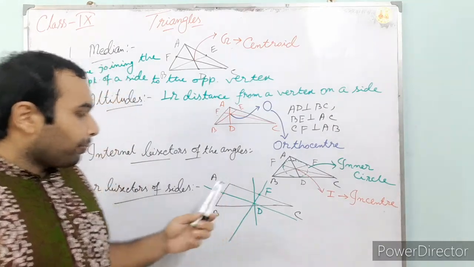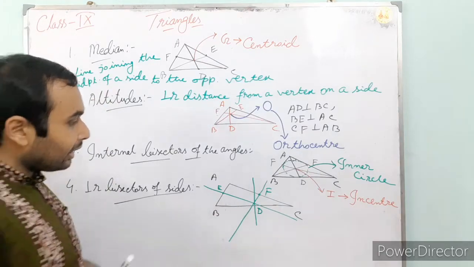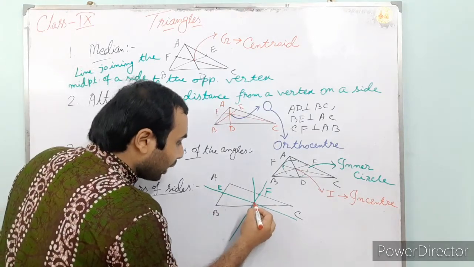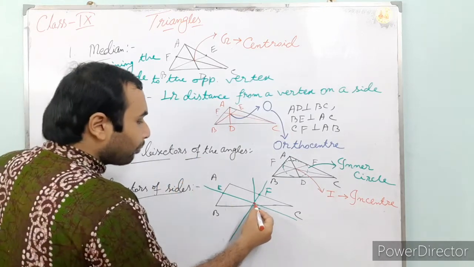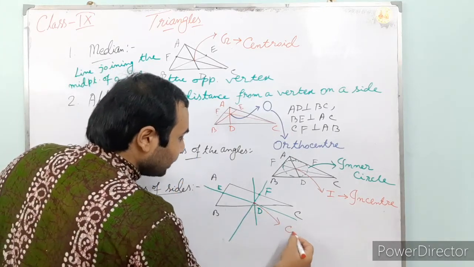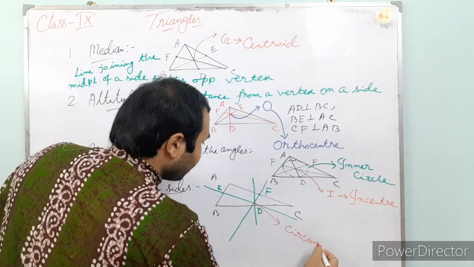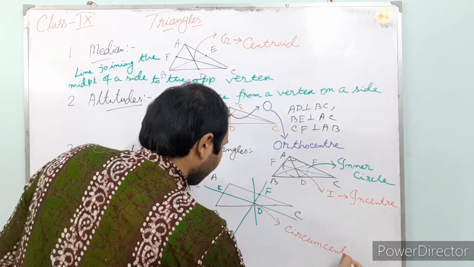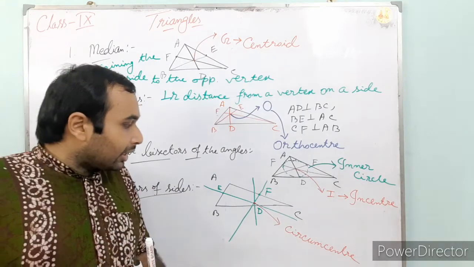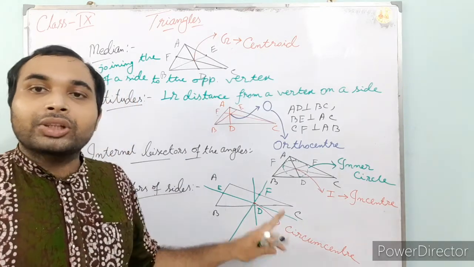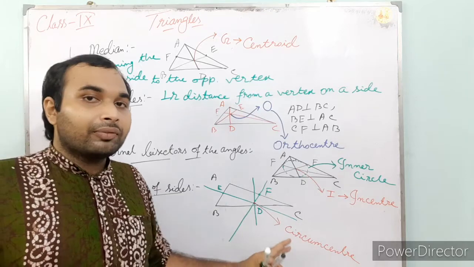And also here you can see again those are meeting at one single point. The intersection point of all the perpendicular bisectors is called the circumcentre of the triangle.